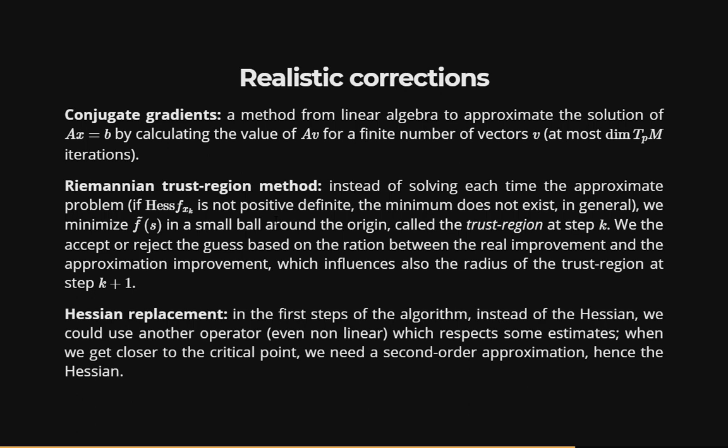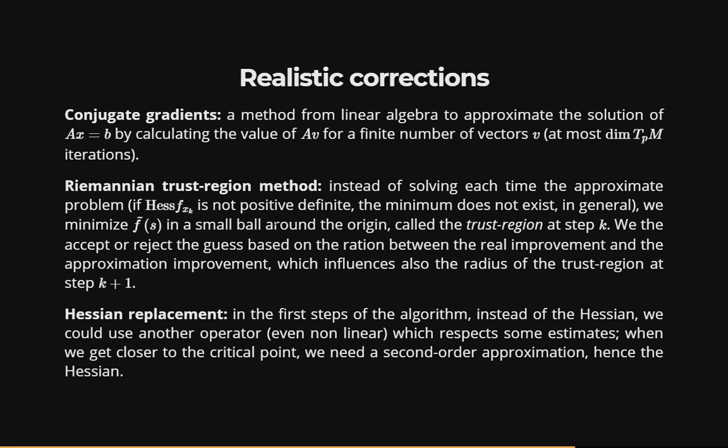Hessian replacement, this is a nice thing. In the first steps, when we are far from the minimum point, instead of the Hessian, we can use almost anything. We can use any operator which is radial, not even linear, and which respects some estimates that we need. When we get closer to the critical point, we need a second-order approximation. So, for example, we need it positive definite, or we need a bound on the eigenvalues.